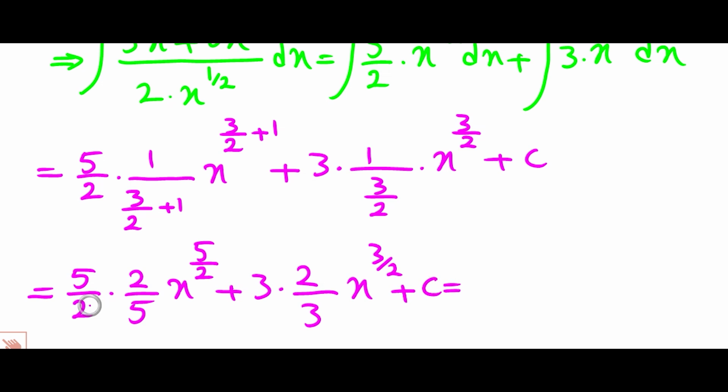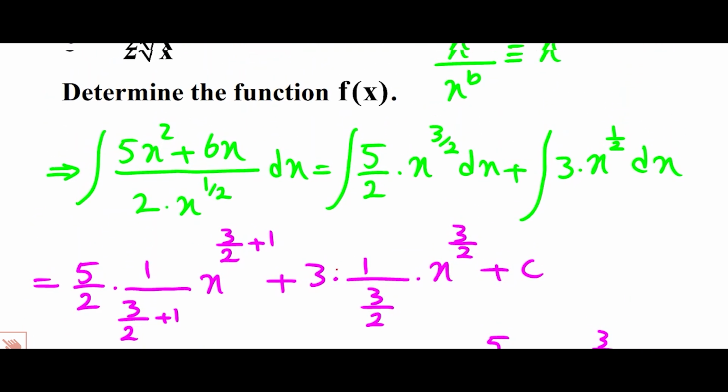The coefficients cancel out nicely, so we have x to the power of 5 over 2 plus 2 times x to the power of 3 over 2 plus c.